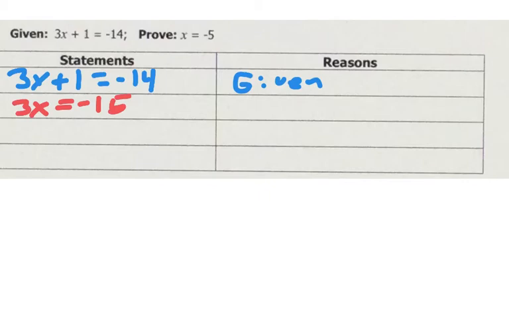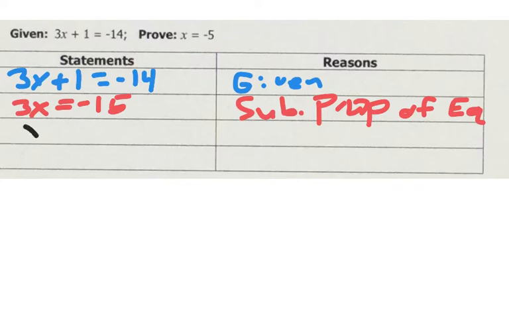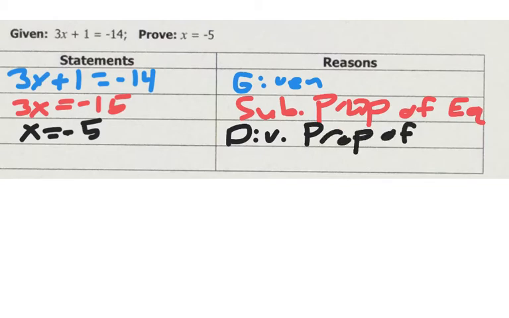So you would add the numbers, keep the sign, right? So what did I do to both sides? Subtraction property of equality. And then I would need to divide both sides by 3. That would give me x equals negative 5. And my reason is the division property of equality.